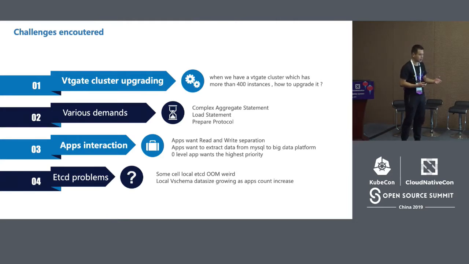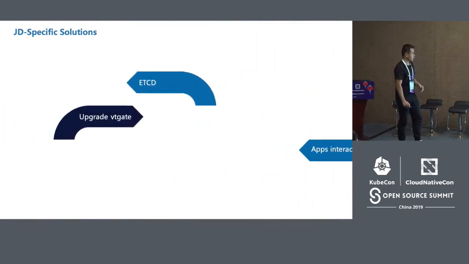During our operations, we also expected that there will be some problems in our topology services. For example, the metadata is too big, and sometimes it will have some OOM. When we commit to the gateway, the VT gates, because we have a lot of users, how can we upgrade these VT gates? These are all challenges for us.